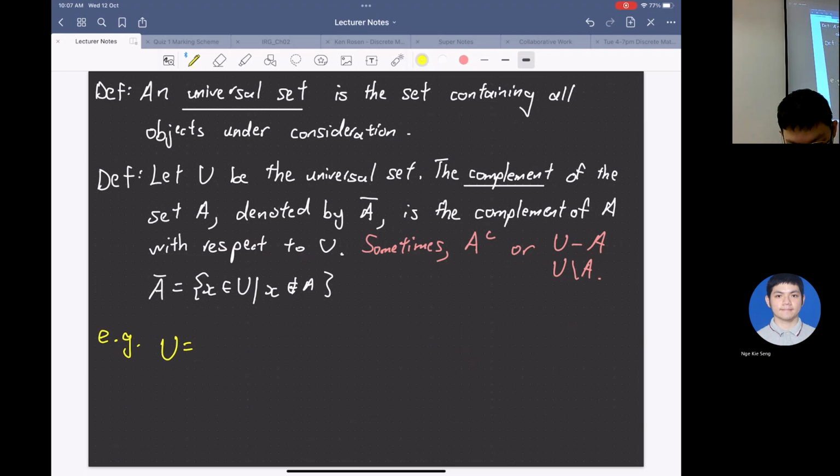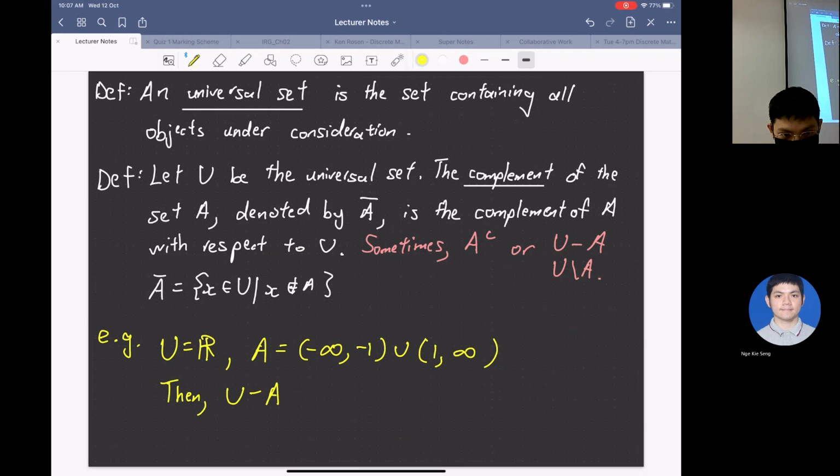For example, let's take the universe as the real numbers, and my set A is the union of two open intervals. What is the complement of A? Zero? Why? Okay, let's see.